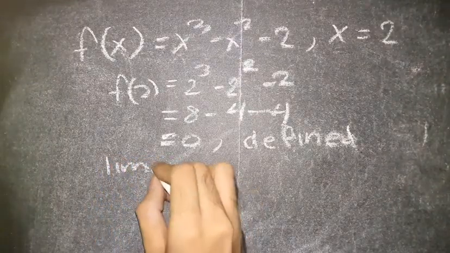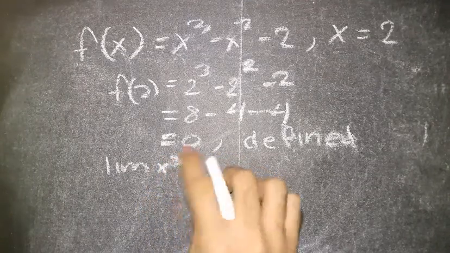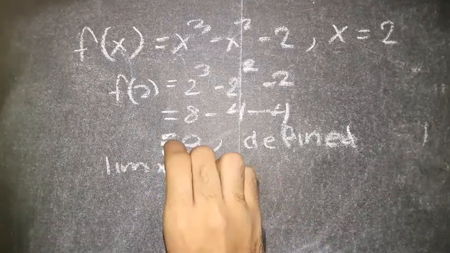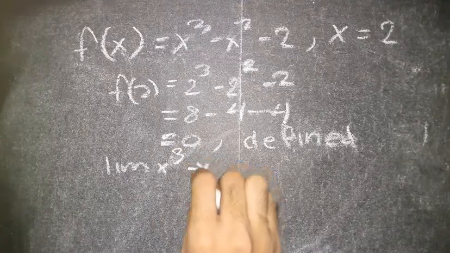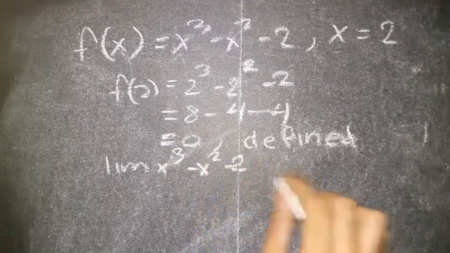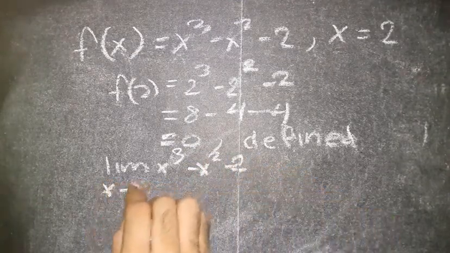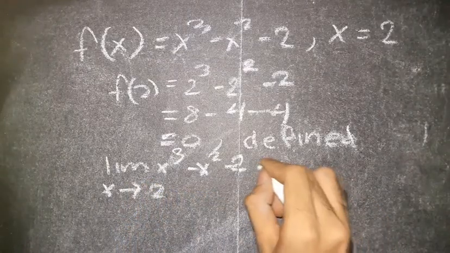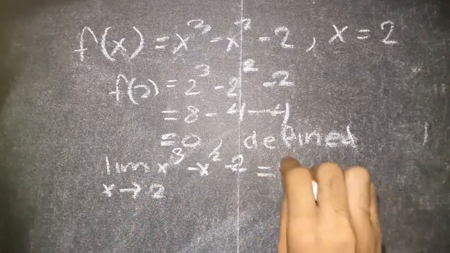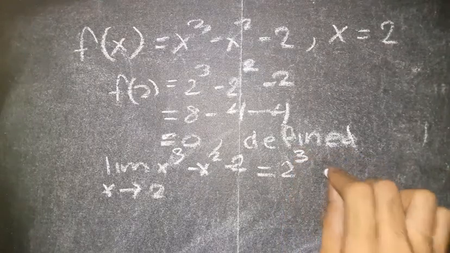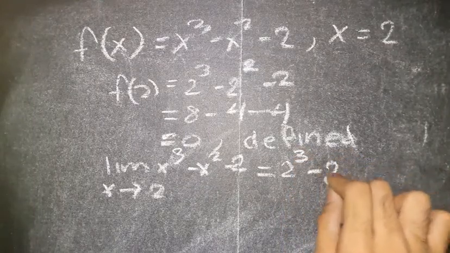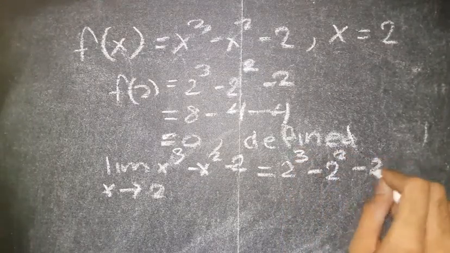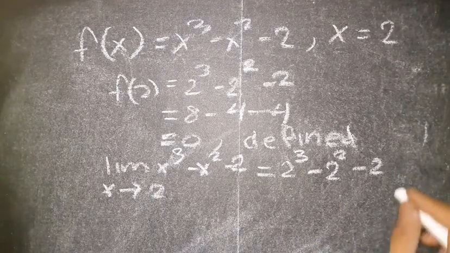For the second condition, the limit of x cubed minus x squared minus 2 as x approaches 2 must exist. The limit will then be equal to 2 cubed minus 2 squared minus 2, which is 0.